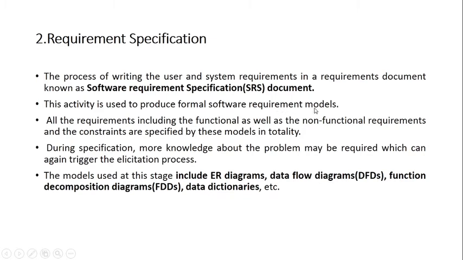We have seen in the figure that in the SRS document, along with the requirements, we do have certain requirement models also. A few of them are ER diagrams, that is entity relationship diagrams, which is a part that you are doing in your DBMS.